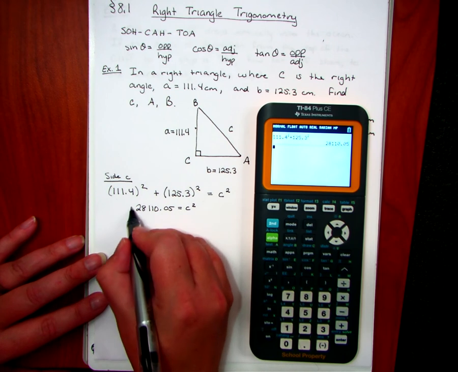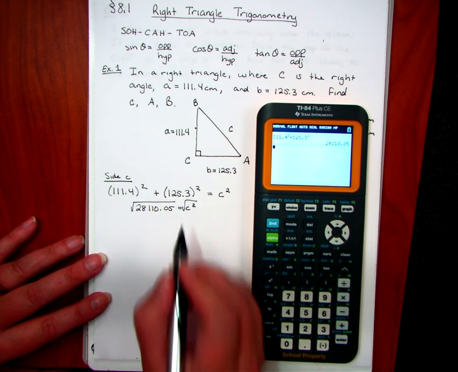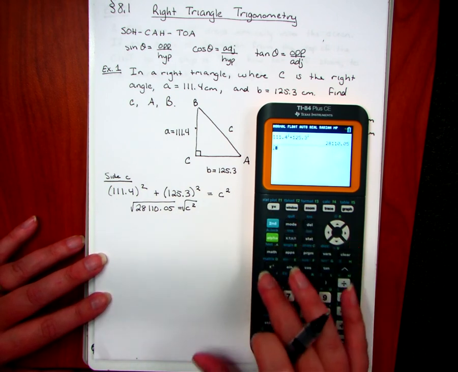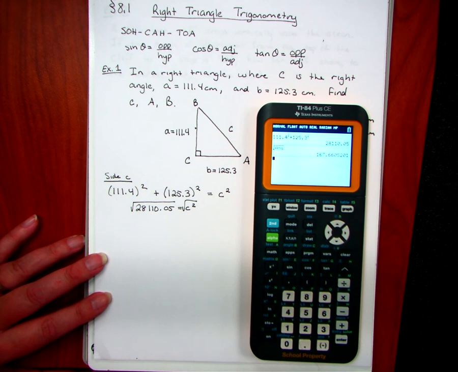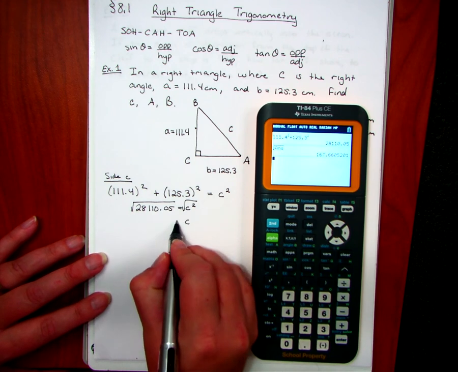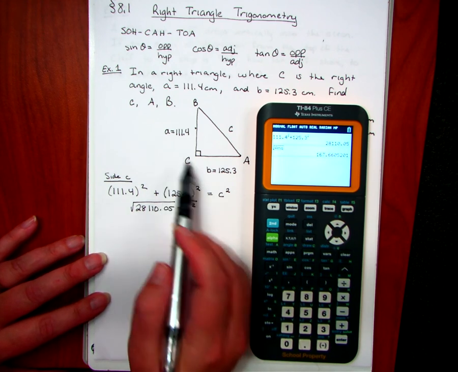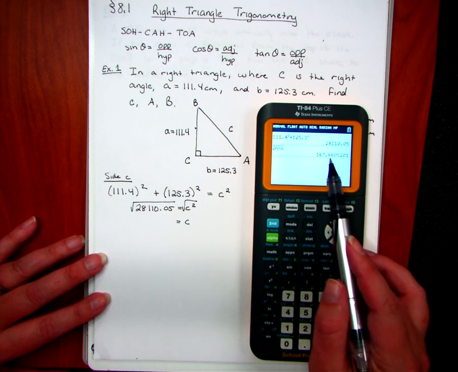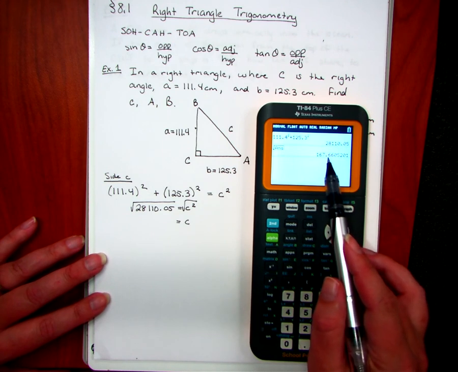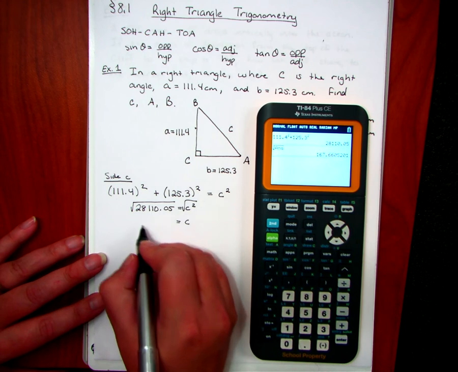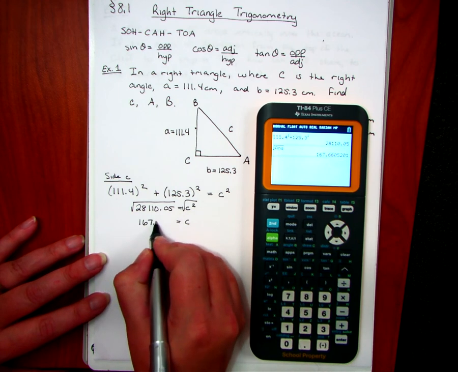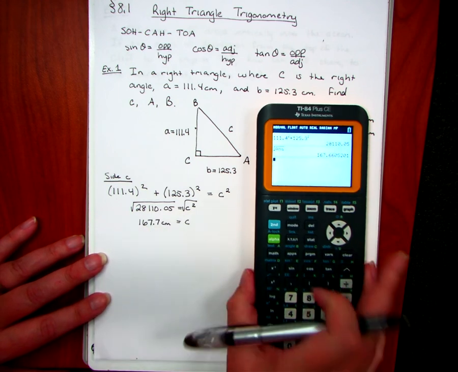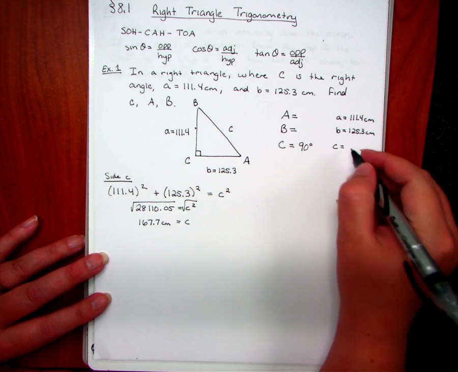So if I square root that, that will give me the value of little c. Alright, so since a and b are rounded to one decimal, I'm going to go ahead and round this to one decimal. So I have 0.66, so I'm going to round that 6 up to 7. So I'll get 167.7 centimeters. So I'll put that answer here.